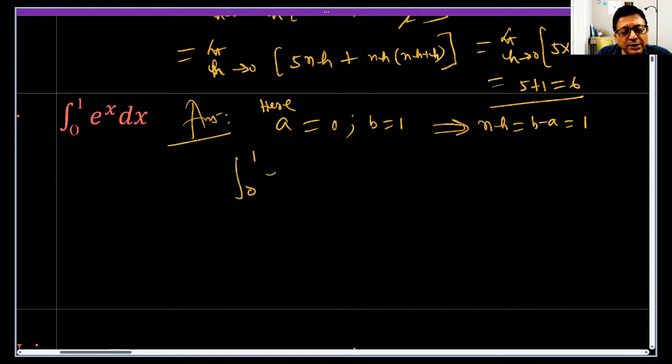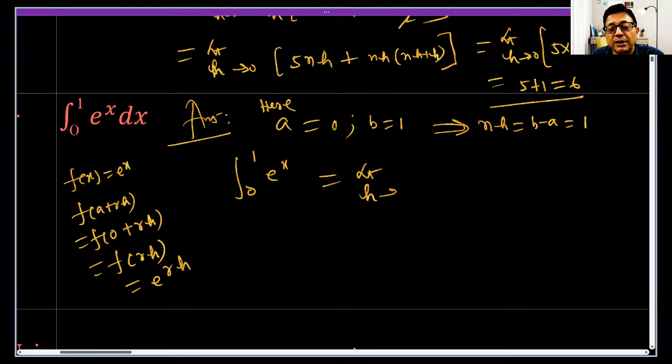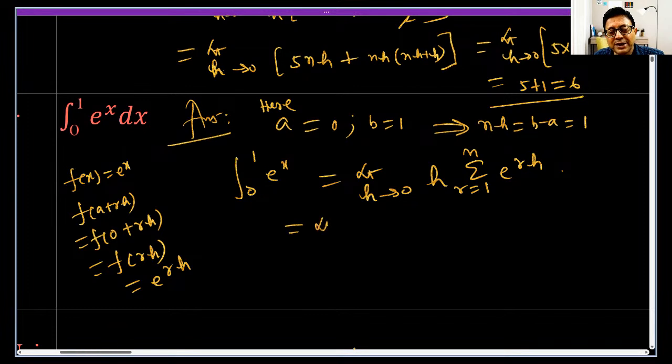So 0 to 1, another thing you write, f(x) is e to the power x. f of (a plus rh) will be what? 0 plus rh, so e to the power rh. So this thing is going to be the limit of h times the sum.